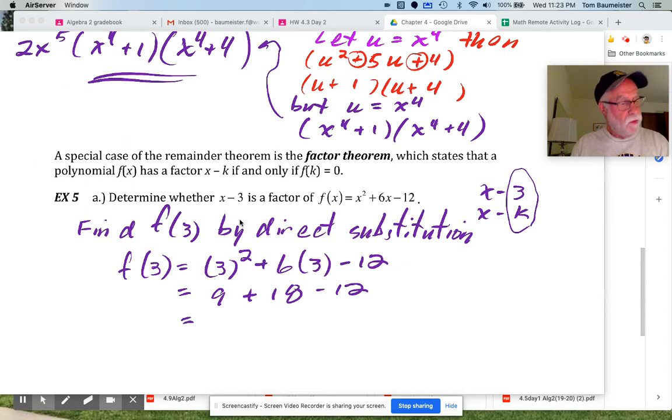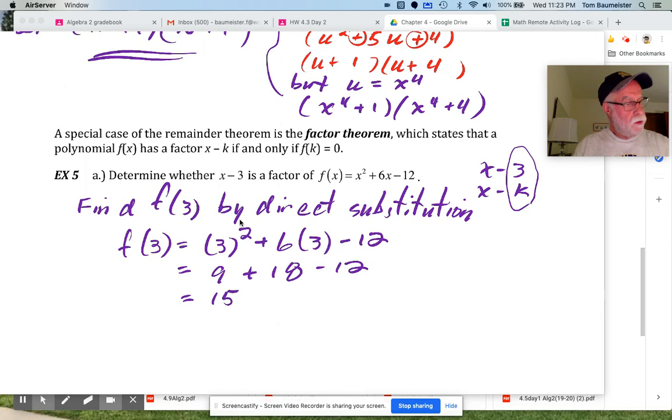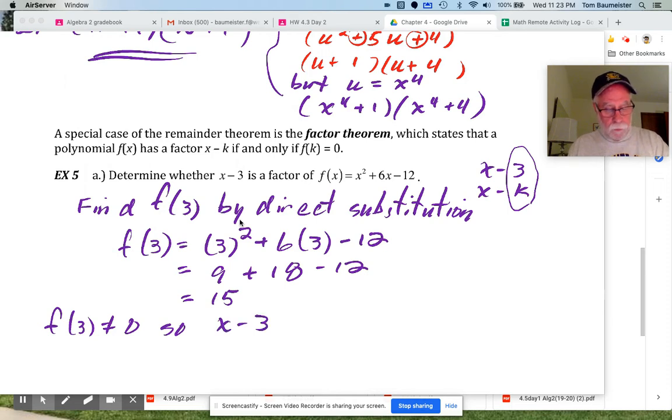And that will give us 15. Now remember, the factor theorem states that it is a factor if it equals 0. So f of 3 does not equal 0. So x minus 3 is not a factor.